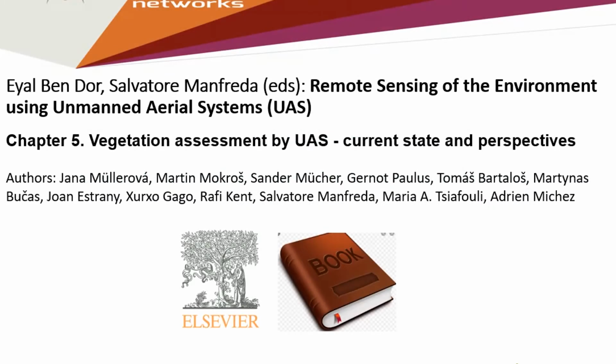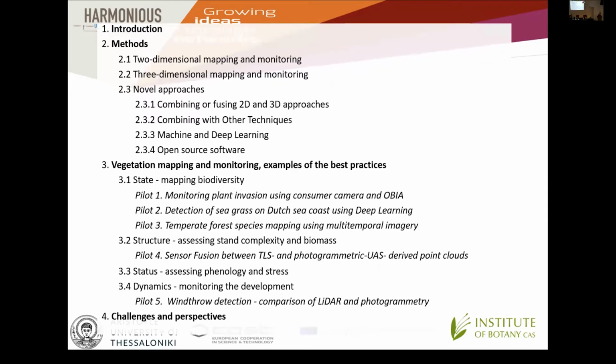This chapter refers to the vegetation assessment from an ecological point of view, how to address vegetation patterns and processes. In our chapter, we just briefly introduce the methods that are typical for vegetation monitoring.